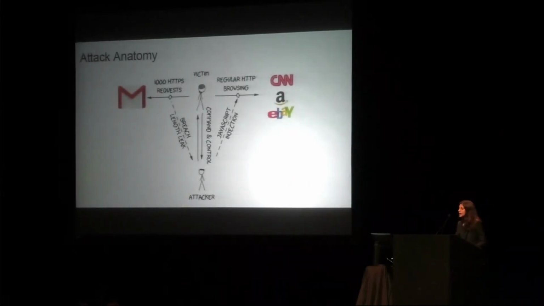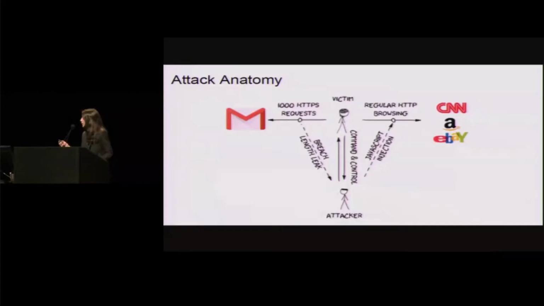And let's look at the attack anatomy. Here in the middle we have a victim. It's a user browsing the internet, let's say in a coffee shop. And at the bottom we have the attacker. We assume that the attacker has access to the victim's network, can measure things or inject things.